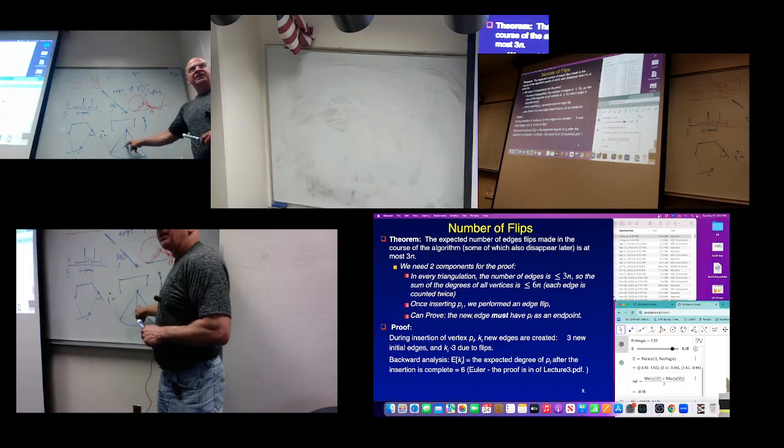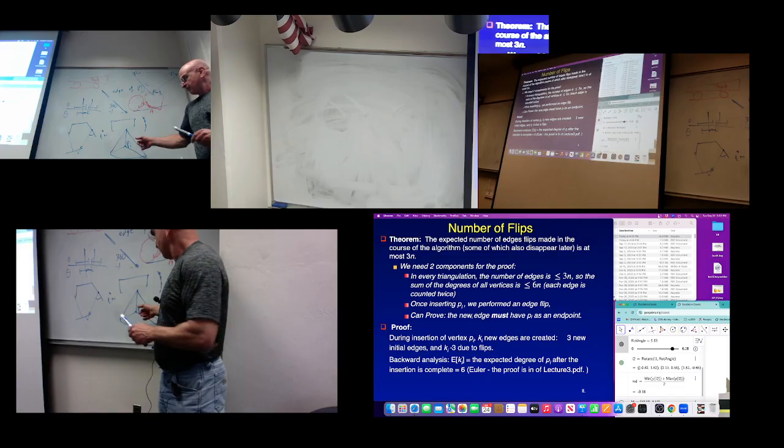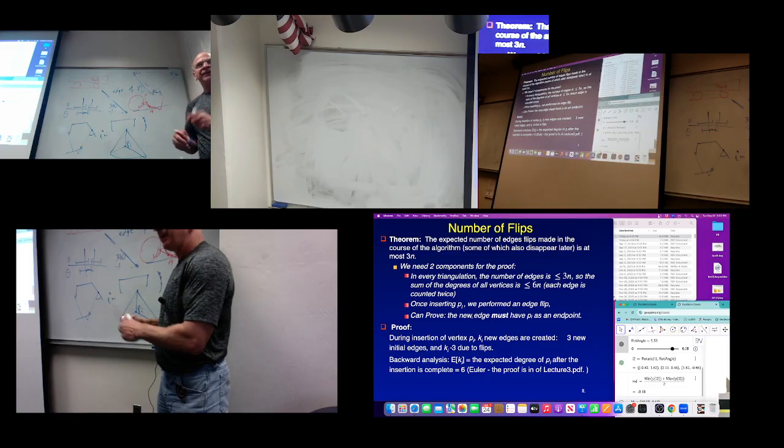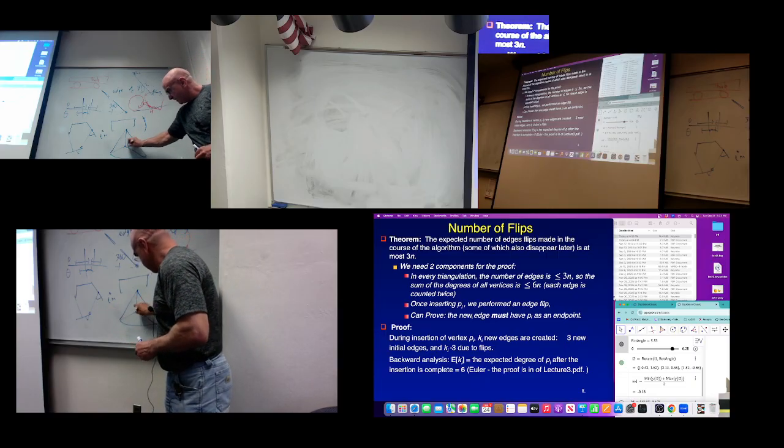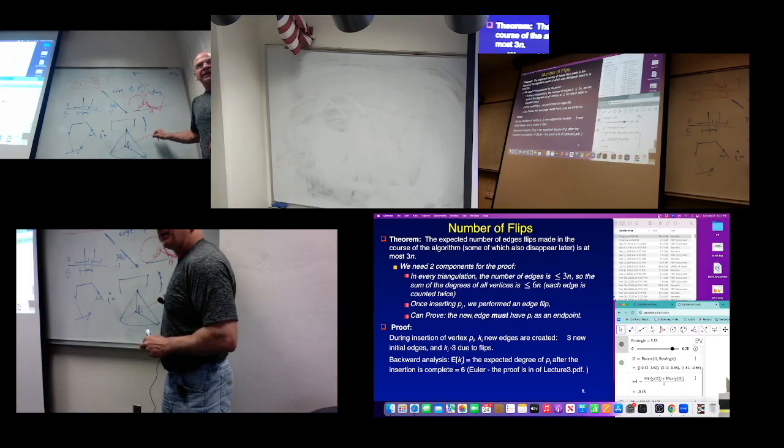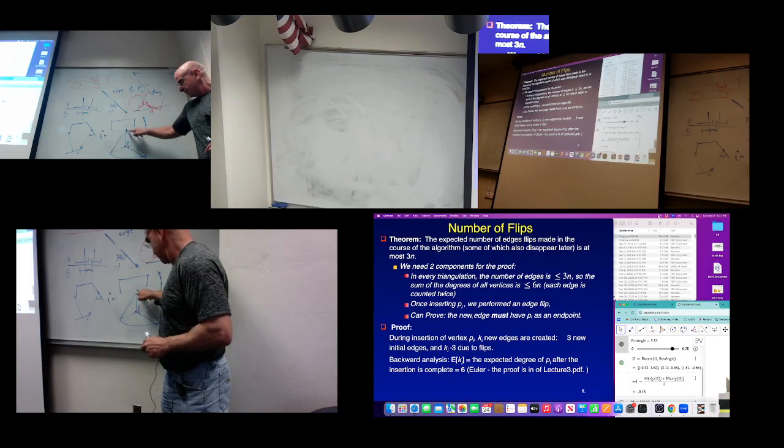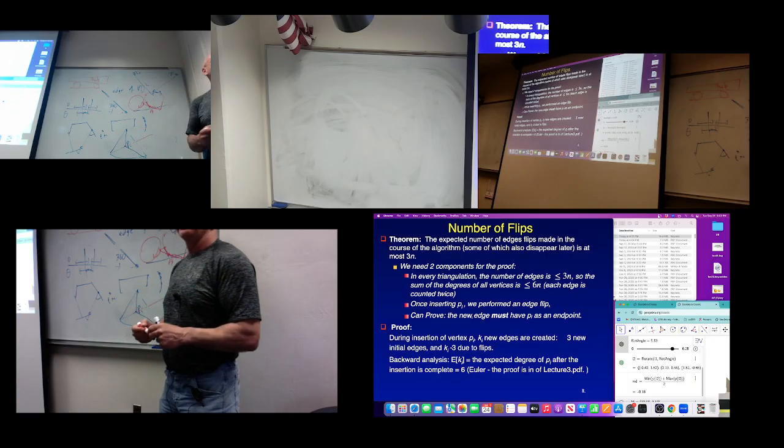Here is pi. It starts its life as having degree 3, but then a new edge flip might occur, and this edge flip might add one of the edges to make it connect to pi.